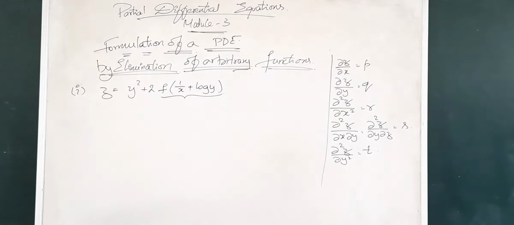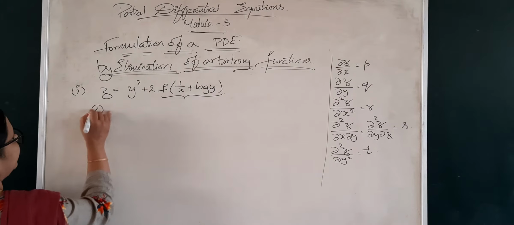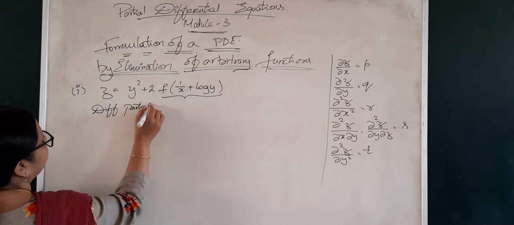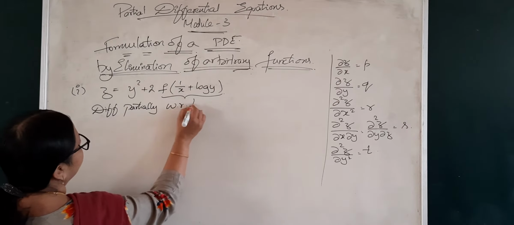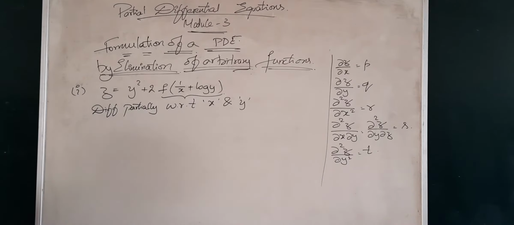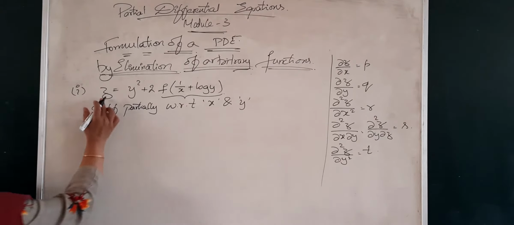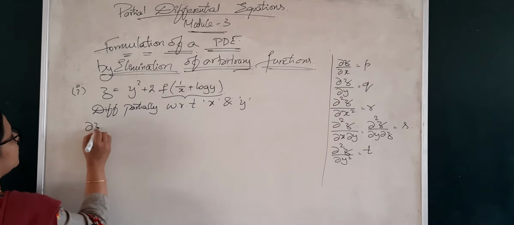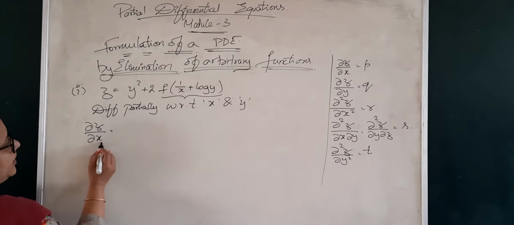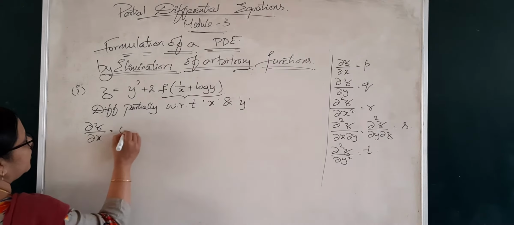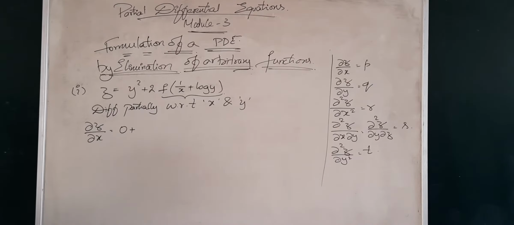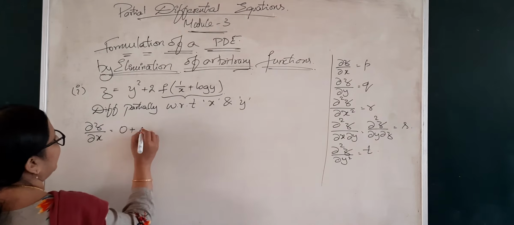Let us see. First, let us differentiate partially with respect to x and y. So dou z by dou x is equal to, with respect to x I am differentiating, treating y as constant. So this term is going to be y. Derivative of y square, as it is a constant, partially will be 0, plus 2 as it is.